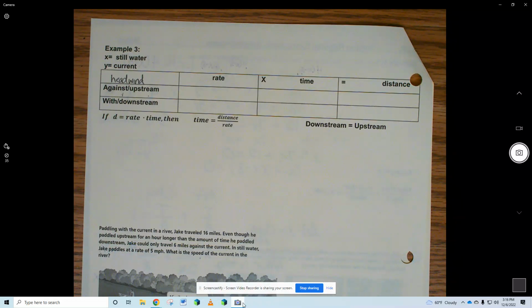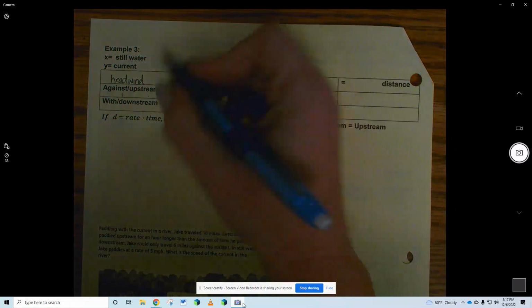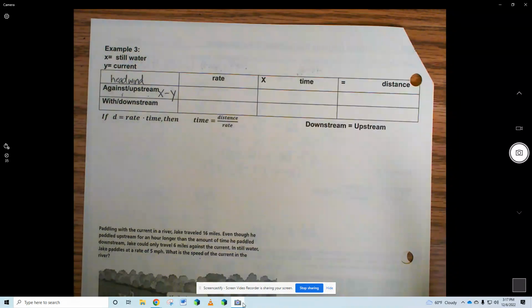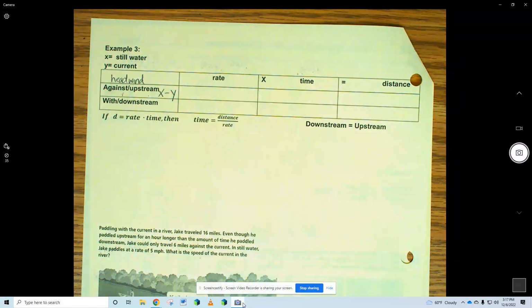It's going to be harder for me to get where I want to go, so I'm going to have to work twice as hard just to make any progress. I'm working against the current. That is going to be described as x minus y because two forces are working against each other.